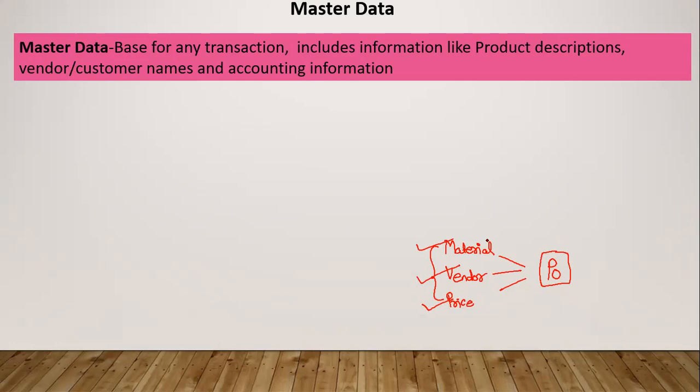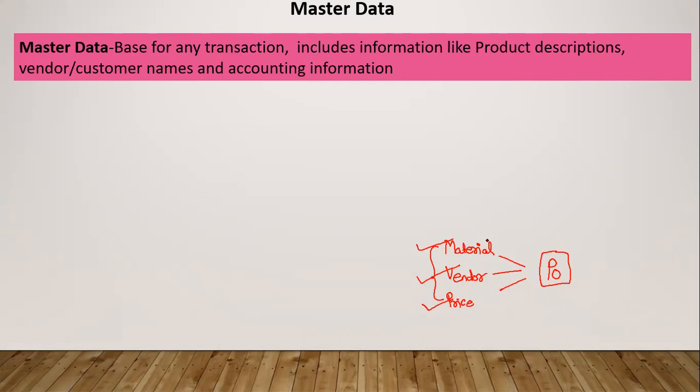It may include data about clients and customers, inventory, suppliers, employees, and much more. This master data is typically shared by multiple users and groups across an organization and is stored in a different system.